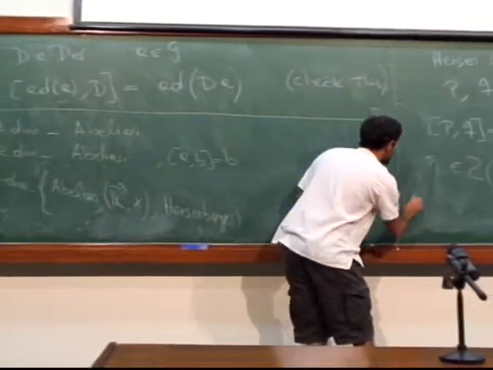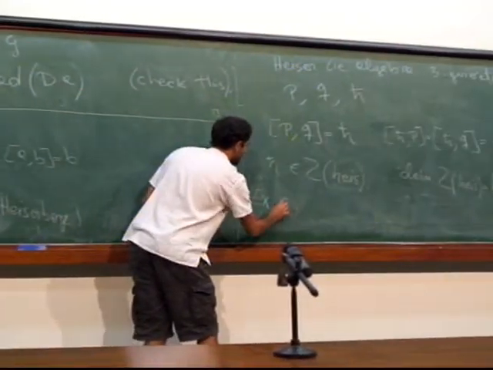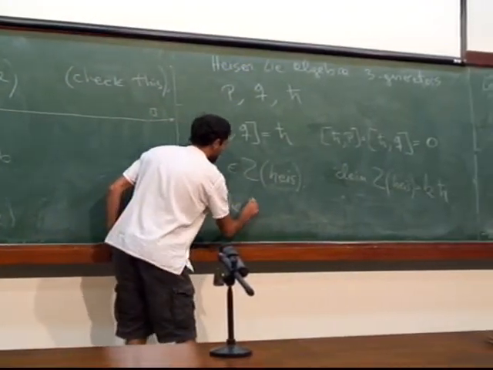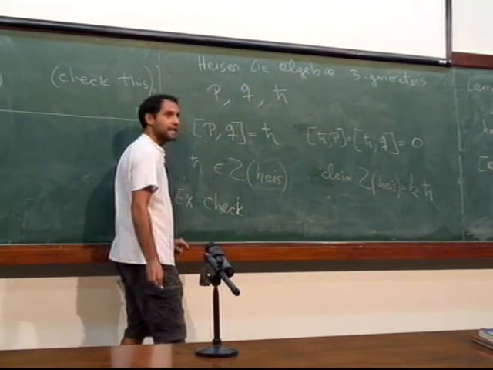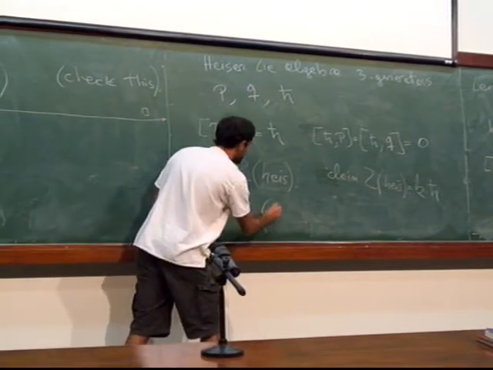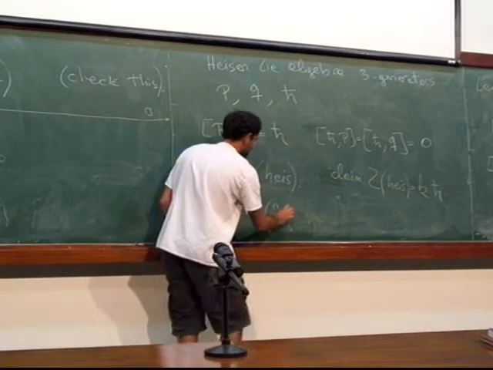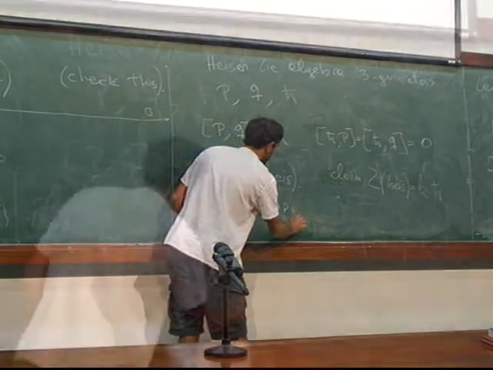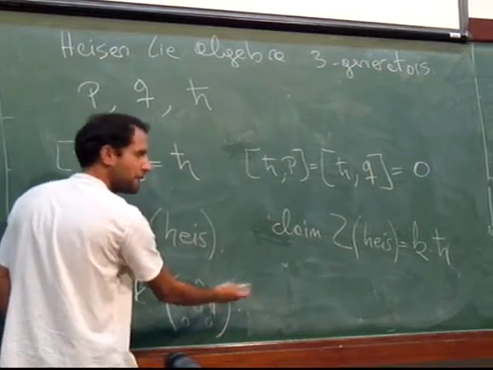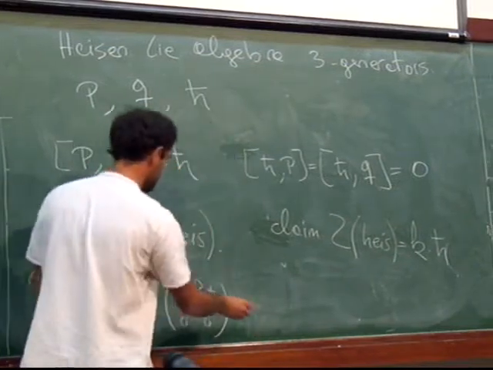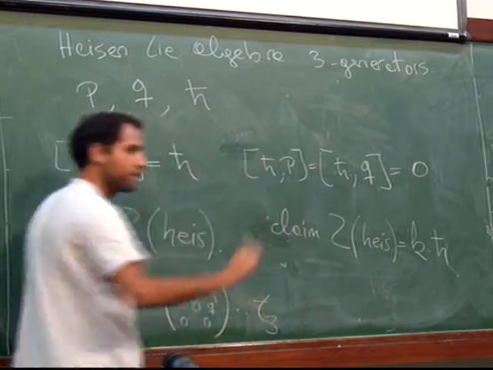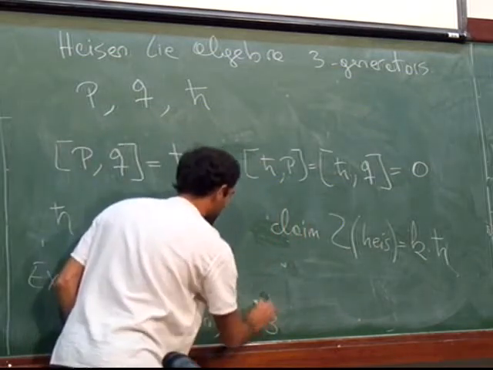Check that this Lie algebra is isomorphic to the algebra of upper triangular 3x3 matrices, with P, Q, H bar. Probably Q and P should be there. But this is, we called it T3, or N3 before.